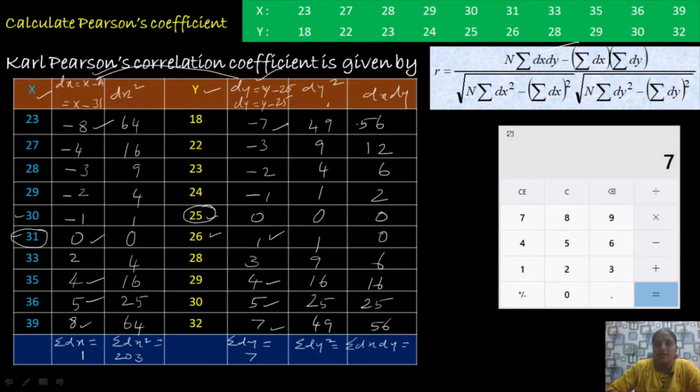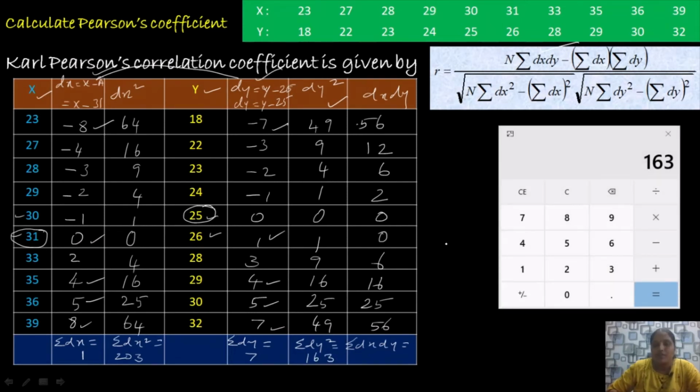Next, sigma dy square, that is 49 plus 9 plus 4 plus 1 plus 0 plus 1 plus 9 plus 16 plus 25 plus 49, we get the total as 163.